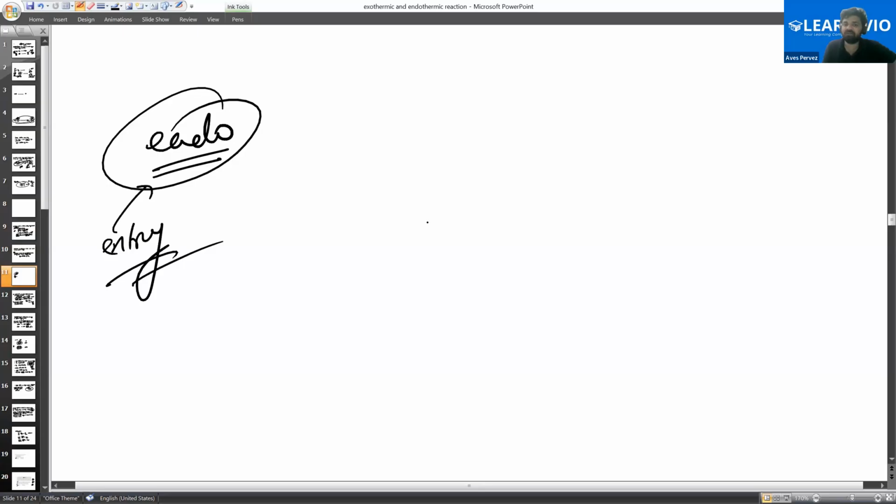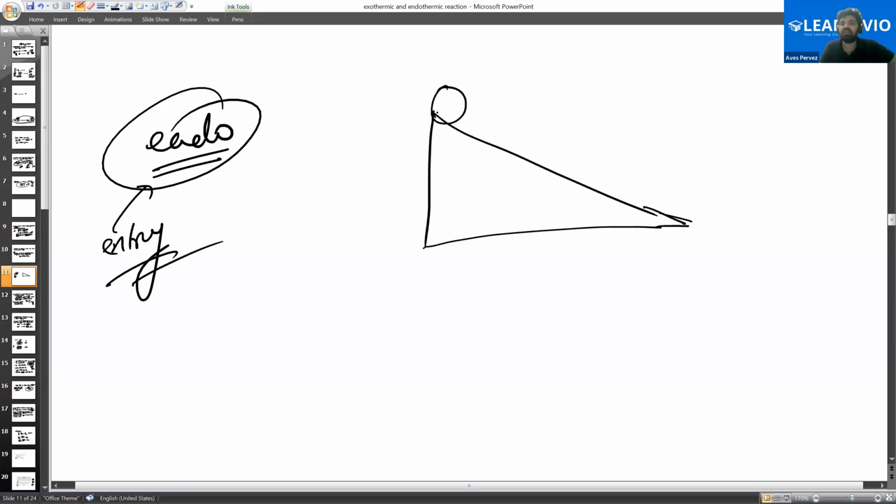Let me explain. Like for example, this is a slide, and here we kept a ball. This ball will keep on coming downward. Why is it coming downward? Because the energy of the ball here is high, mgh.